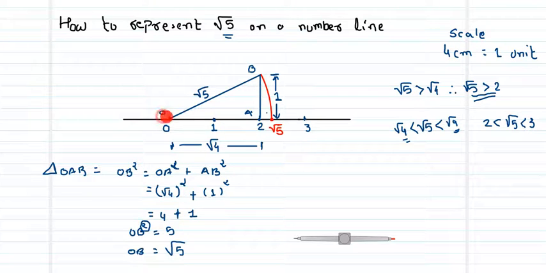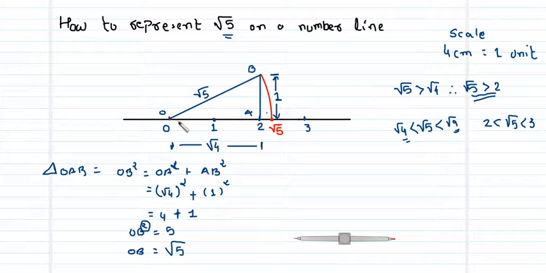Over here I have taken base as root 4. Yes, root 4 is obviously 2, but to understand this properly, you have to keep root 4 in your mind while taking the length of this base. So root 4 and 1 will give us root 5.